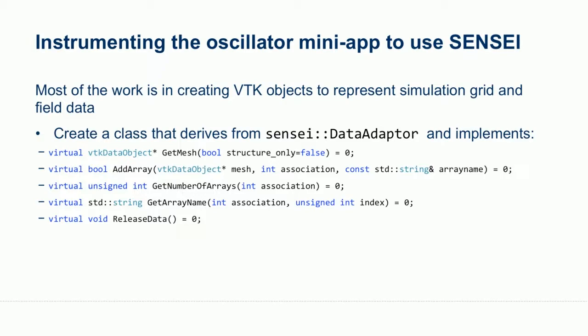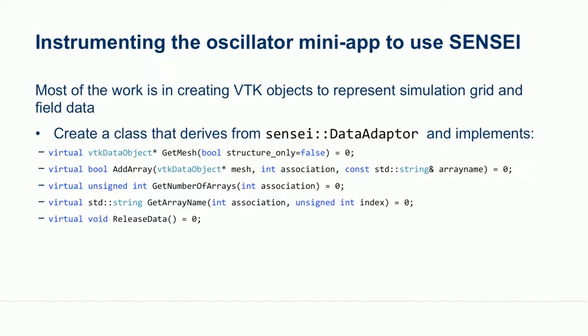So add array is what an analysis adapter will call to say, I need pressure, I need temperature, and I want pressure on the cell nodes. So this is how the analysis adapter gets specific arrays that it needs to process and compute its result.